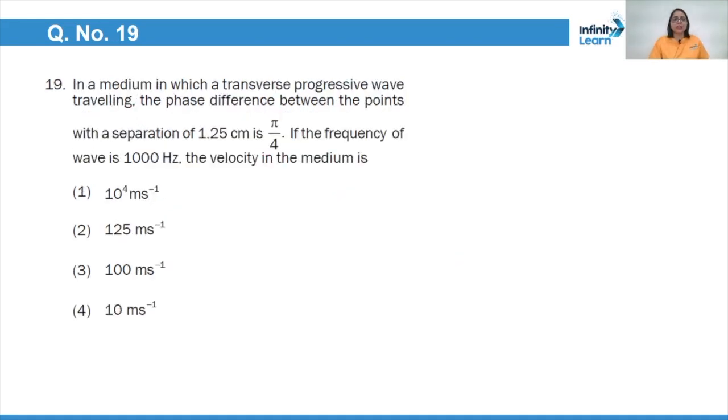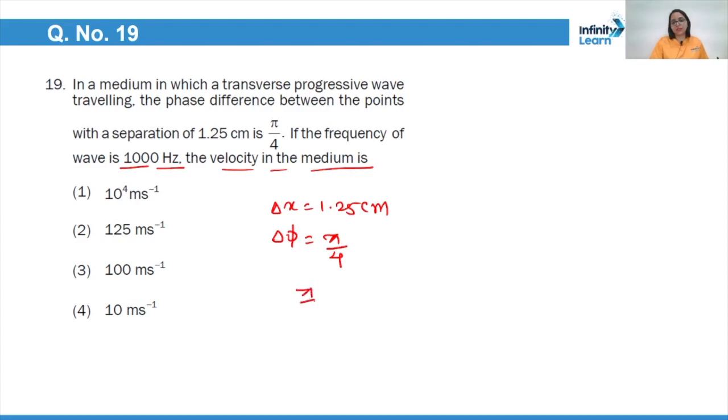Question number 19. In a medium in which a transverse progressive wave is traveling, the phase difference between the points with a separation of 1.25 centimeter is pi by 4. If the frequency of the wave is 1000 hertz, the velocity in the medium is.